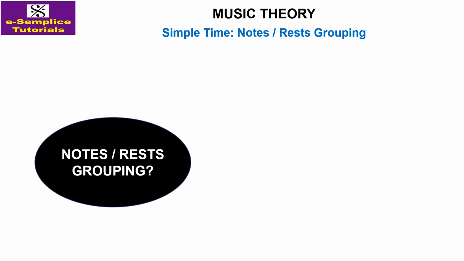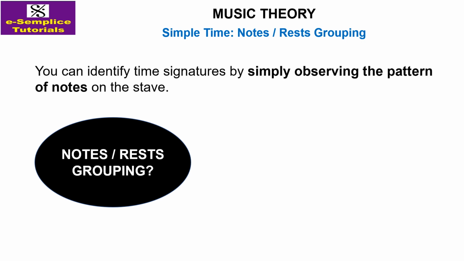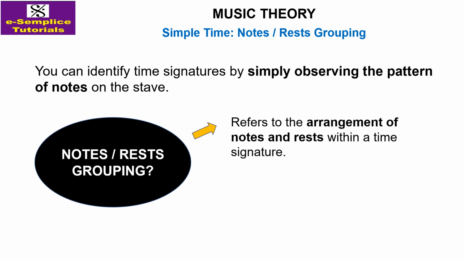What does note and rest grouping mean? Before we look at that, you can actually identify time signatures by simply observing the pattern of notes on the staff. It refers to the arrangement of notes and rests within a time signature.